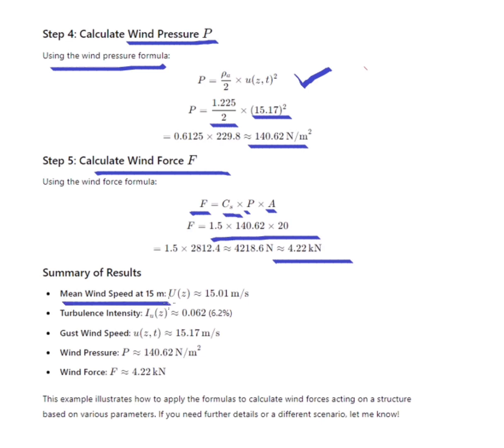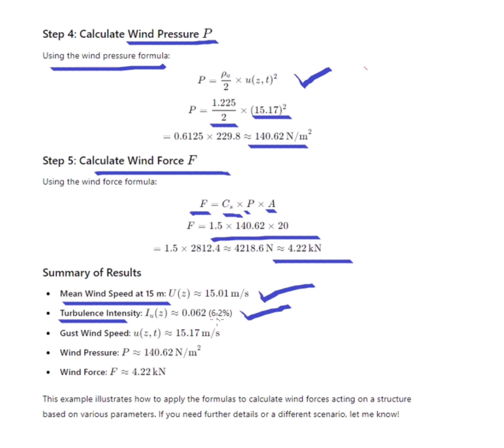So we know the mean wind speed at 15 meter elevation is 15.01. Turbulence intensity is 0.06, meaning 6.2 percent. So 15.01 into 1.062 gives about 15.9.